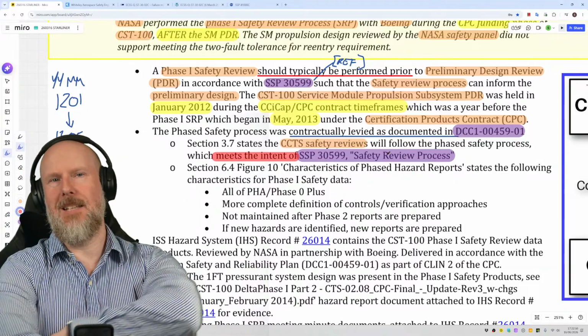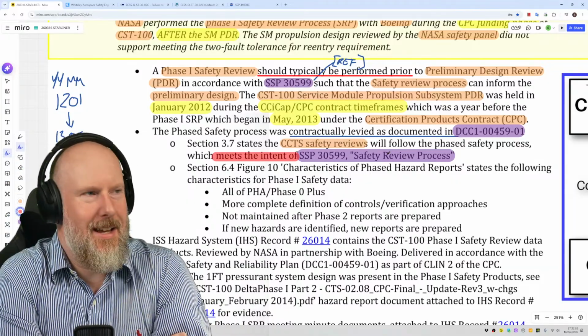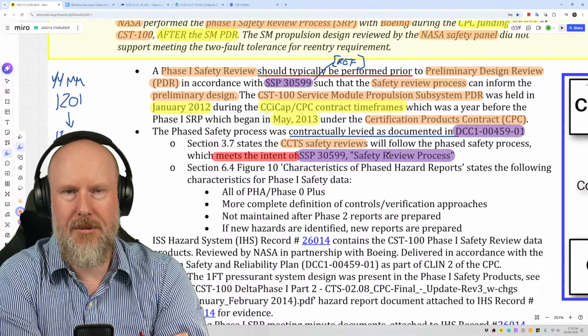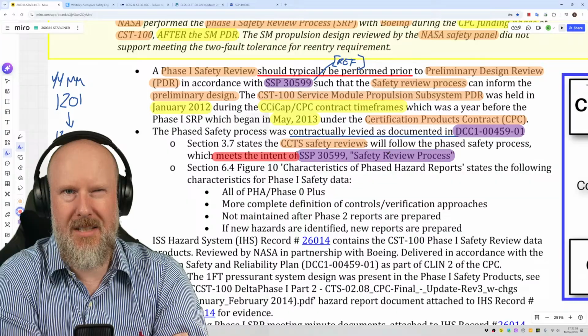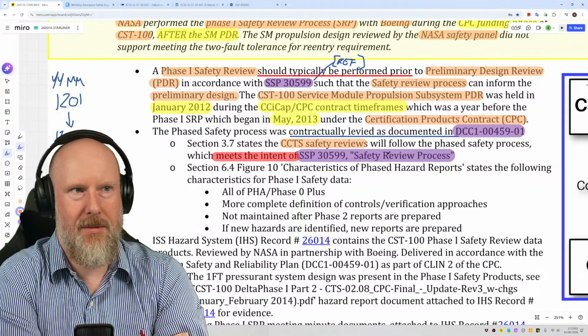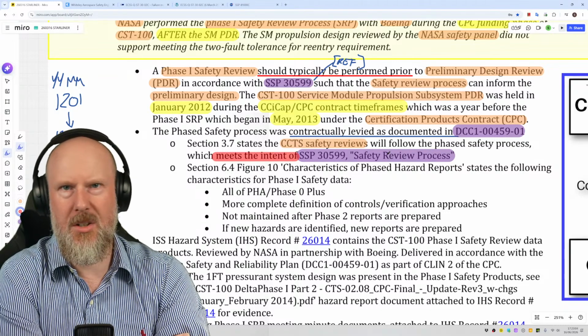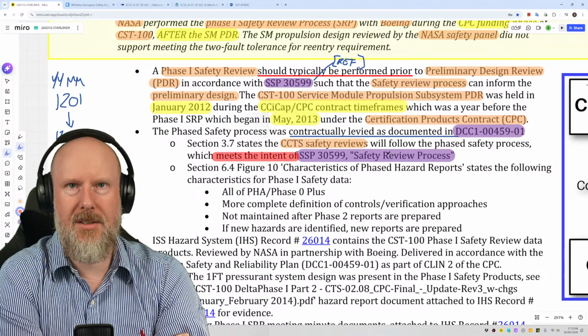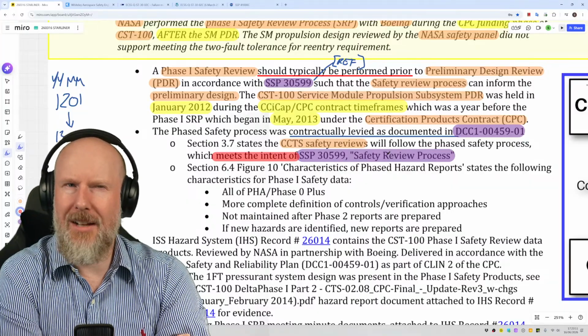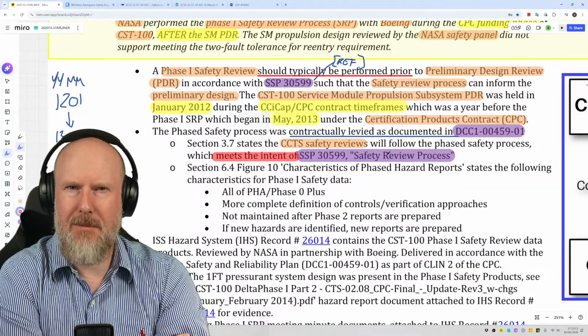Now, if I was a betting man, I would suggest that there's something there that needs to be looked at from an investigation perspective, because that's a typical get out of jail free card. Oh, well, we've said in our contract that we're going to follow this other process, and we're going to follow the intent of it, without actually specifying what that actually means.